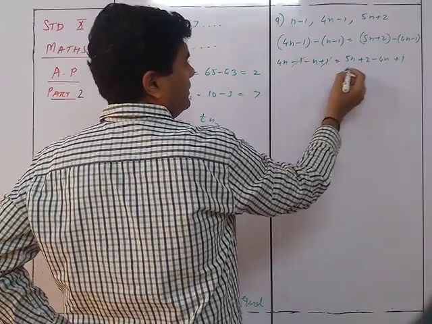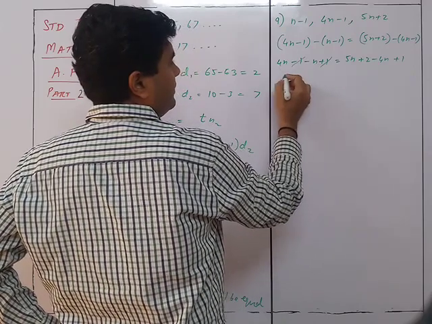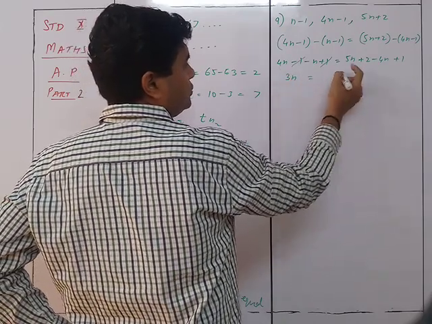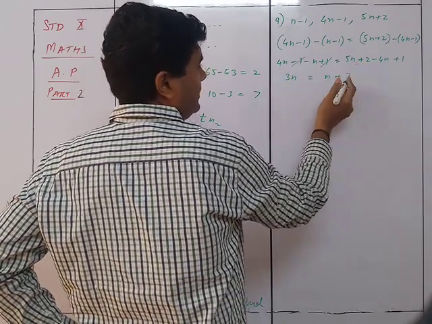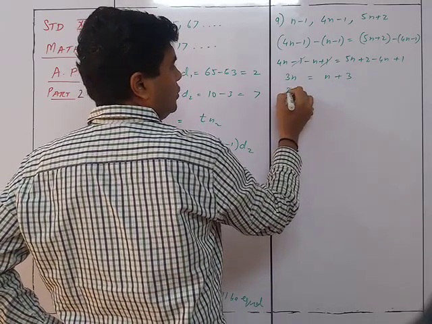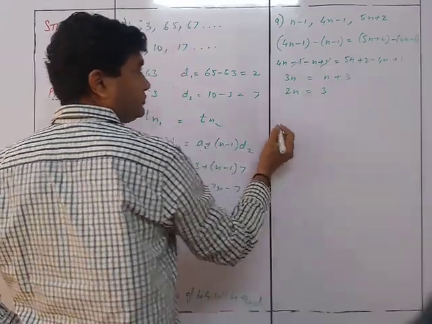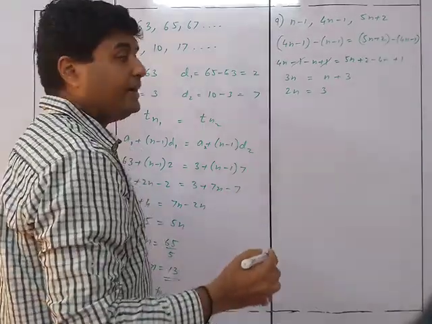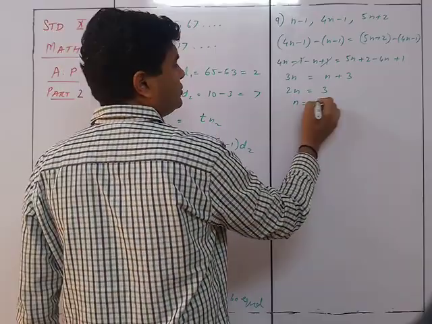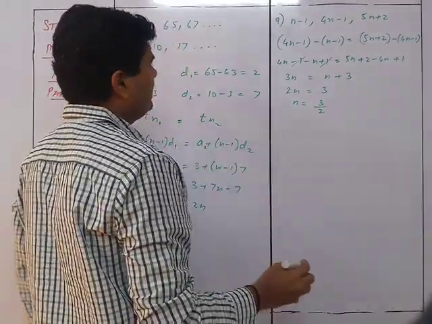So this cancels, and here this will be 3n equals n plus 3. So bringing n over here, it will be 2n equals 3. Right? Or we can have n equals 3 upon 2.